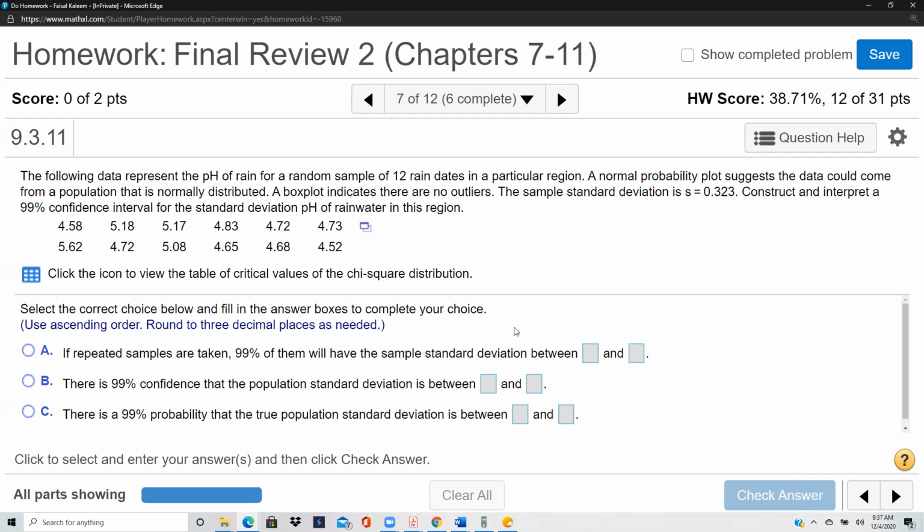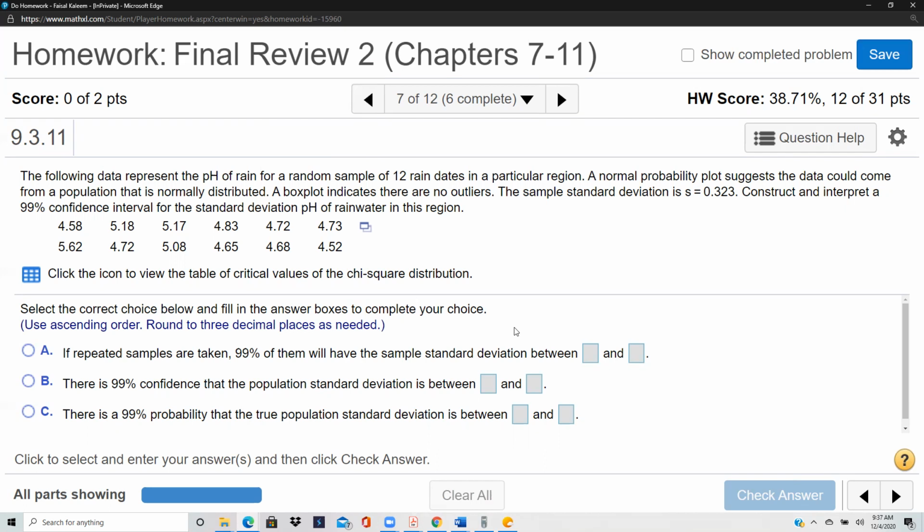You have to read the question part of the problem. Where are they asking the question? Or where are they asking you to do something? Okay, so construct and interpret a 95% confidence interval for the standard deviation pH of rainwater in this region.